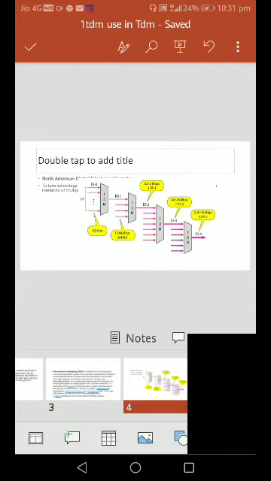That is the output of the second mux, DS2.